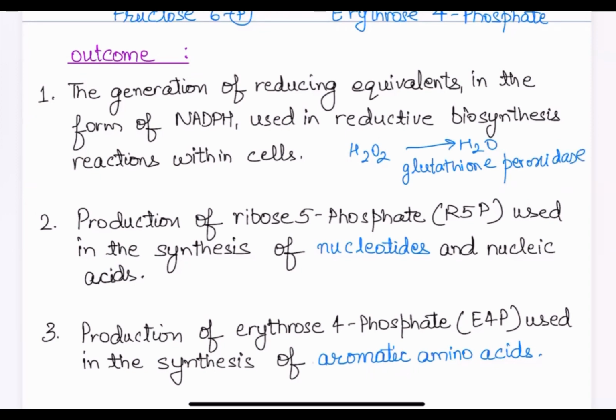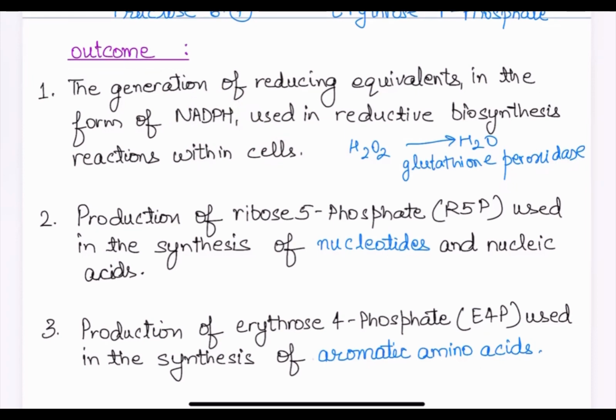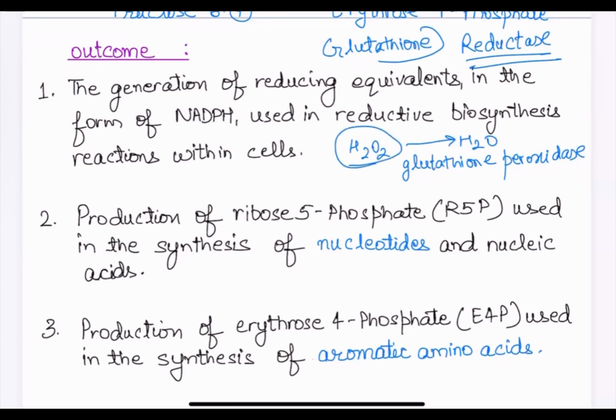But now the role of NADPH is this. NADPH, which is produced by this reaction, helps in reducing glutathione via the glutathione reductase enzyme, and which, along with glutathione peroxidase, converts H2O2 to H2O.